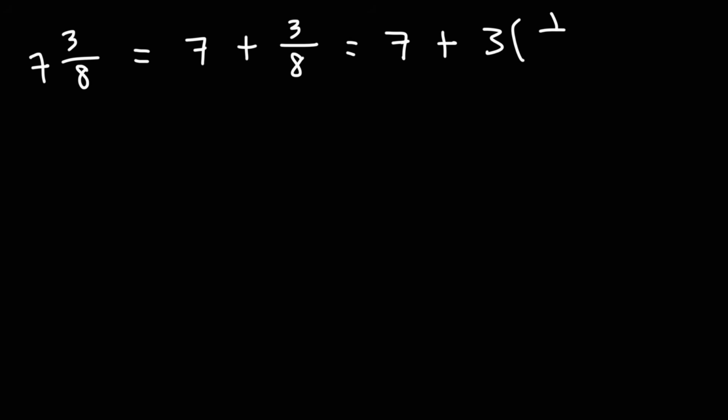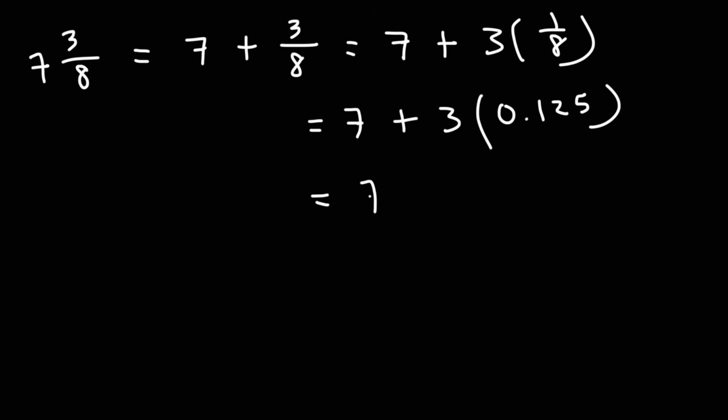Now let's try another example. Let's say we have 7 and 3/8. Go ahead and convert that mixed number into a decimal. This is going to be 7 plus 3 over 8. We're going to write this as 7 plus 3 times 1 over 8. And 1 over 8 as a decimal, if you remember, it's 0.125. 3 times 0.125. 3 times 0.1 is 0.3.